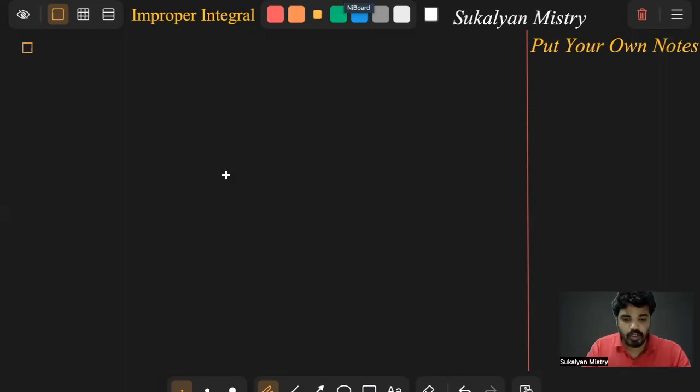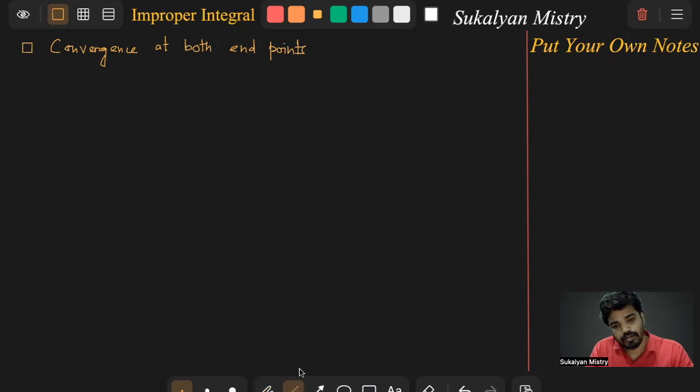Okay, so note down this: convergence at both endpoints.